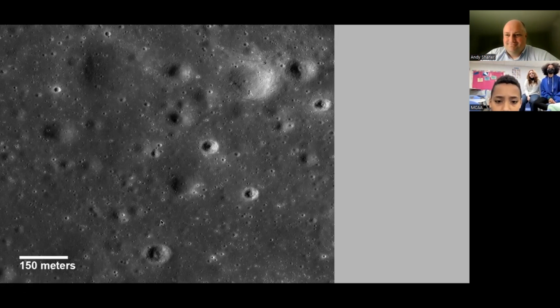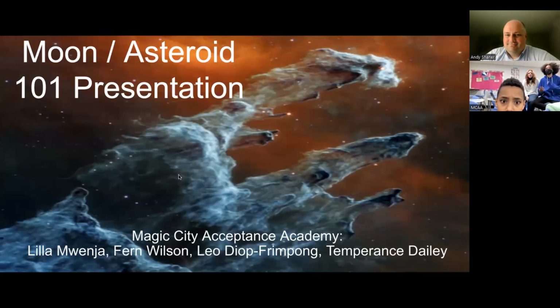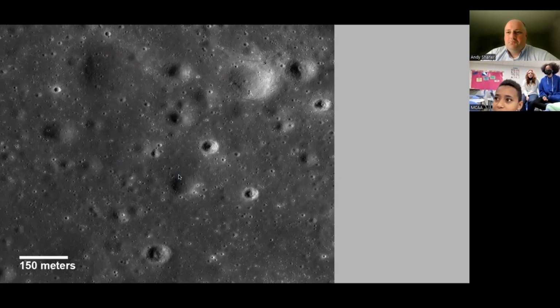I don't know. I just have to look at it more, because right off the bat I do see a lot of craters, but then when I keep looking at it, it keeps not looking like that. I'm going to try to zoom in, but that doesn't work. It's okay. You don't need to zoom in.